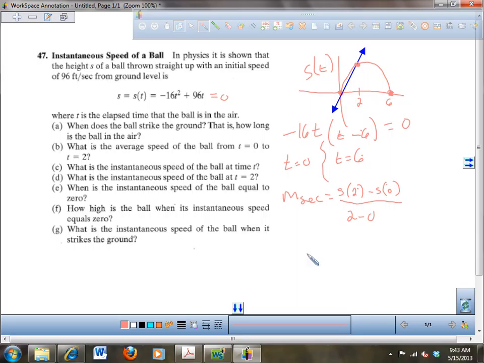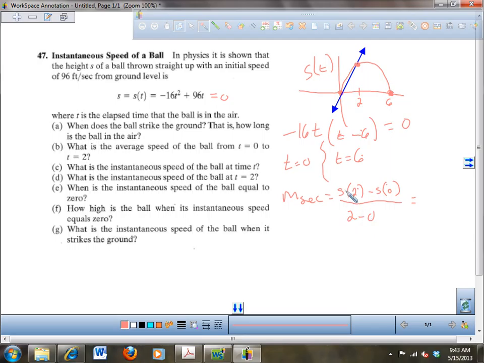You understand that? So I'm basically taking the start height and the end height and dividing by the time.